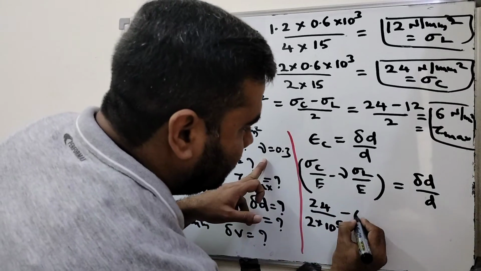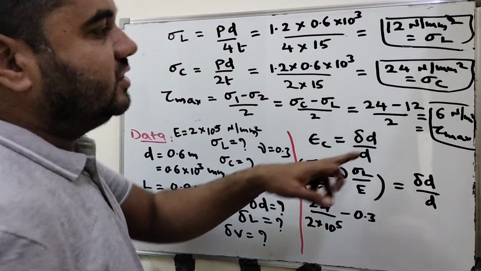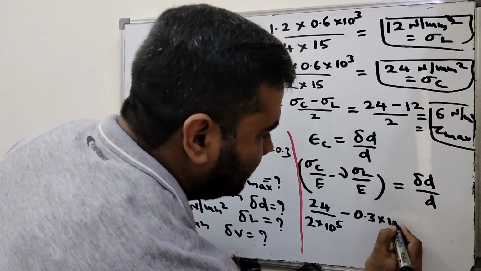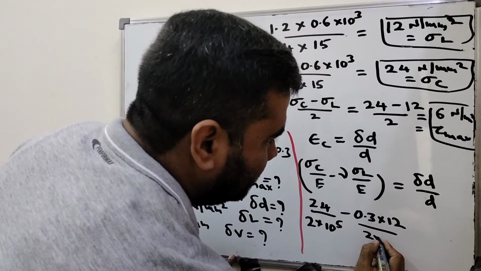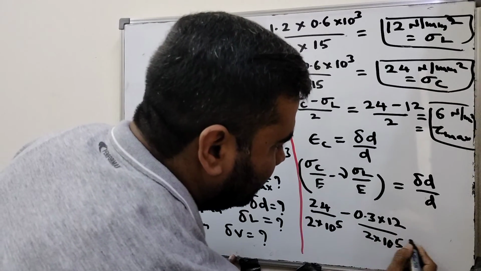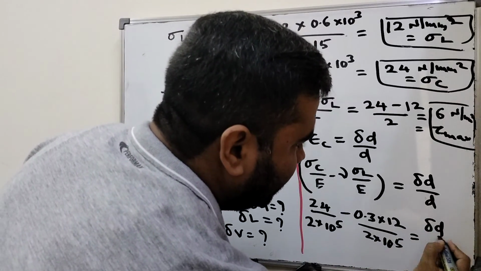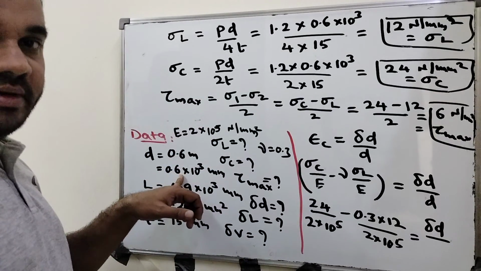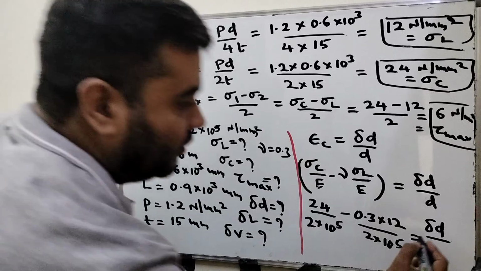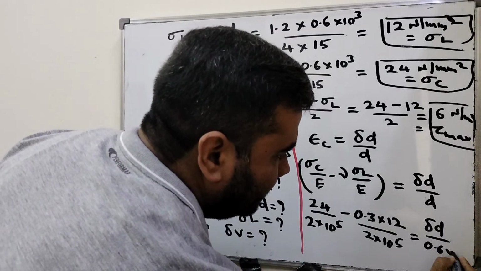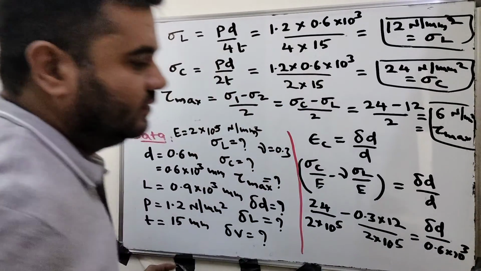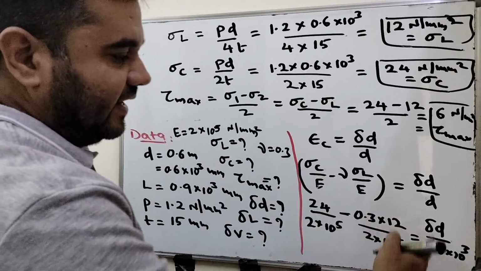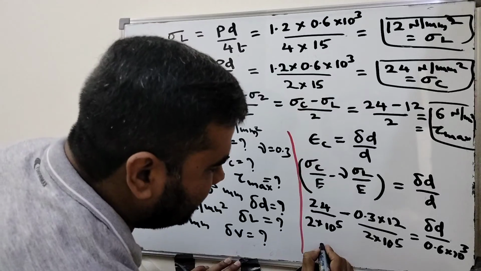Substitute 0.3 into the longitudinal stress we have already calculated, 12, divided by 2 into 10 raised to 5, equal to the change in diameter we want divided by the original diameter, which is 0.6 into 10 raised to 3 millimeter, right? Now only one is unknown. Simplify and find out the change in diameter.